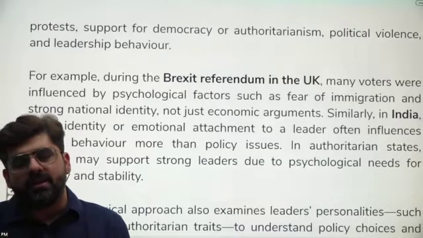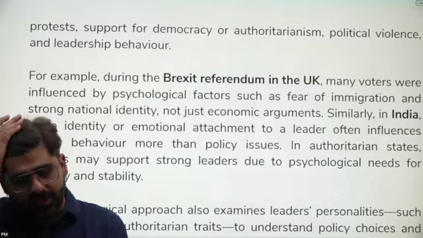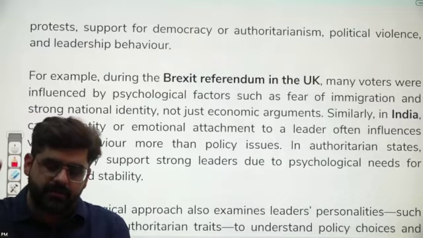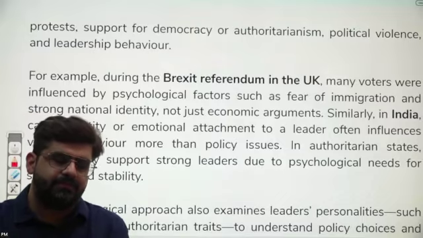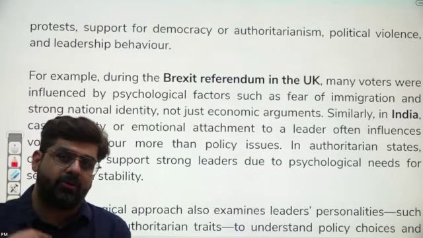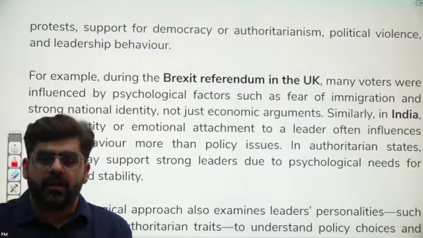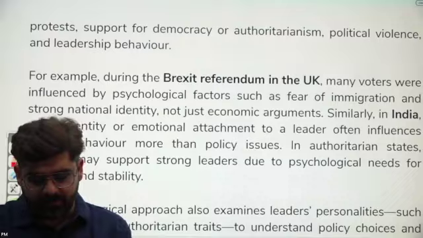Both the parties are unable to decide whether Britain should stay with the European Union or come out of the European Union. Because of this sharp divide amongst the political actors, they are unable to decide.